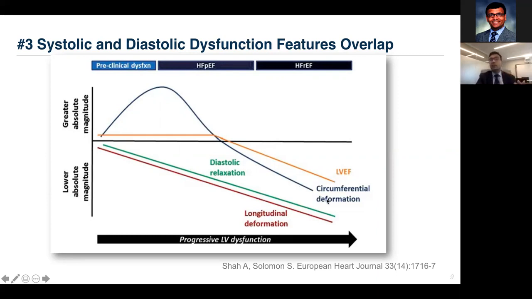So this is another concept or a theory that is supported with data in the literature, and is also currently existing, and also calls for understanding the mechanical performance of the left ventricle as it relates to ejection fraction and to the syndrome of heart failure with preserved ejection fraction and heart failure with reduced ejection fraction.